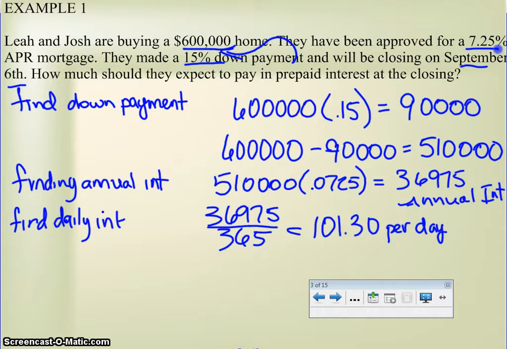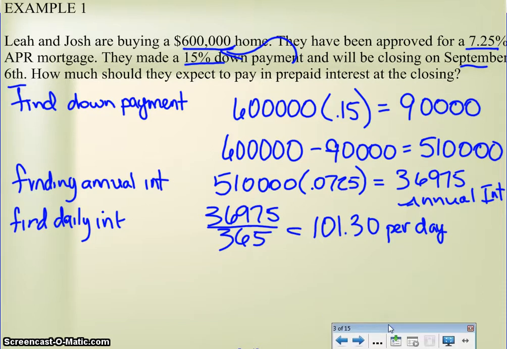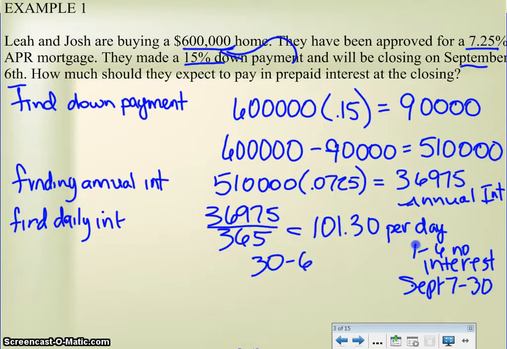Next, we need to find out for how many days will they be paying interest. Well, they're not going to pay interest on the 1st through the 6th because they didn't own the home. So the period of time that they're going to be paying interest is from September 7th through the 30th. So to find out how many days that is, we're going to take 30 minus 6, which is the actual closing day, and we're going to have 24 days that we are paying interest on.